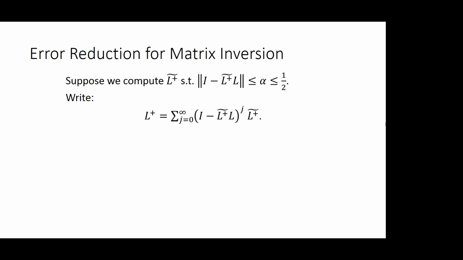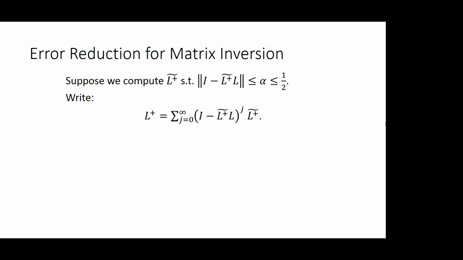So the nice thing about this expansion for L pseudo inverse in terms of L tilde pseudo inverse is that the left factor in each of these terms, which is raised to the jth power, we said has norm less than a half, which means that as j goes to infinity, this factor is going to decay exponentially to 0.